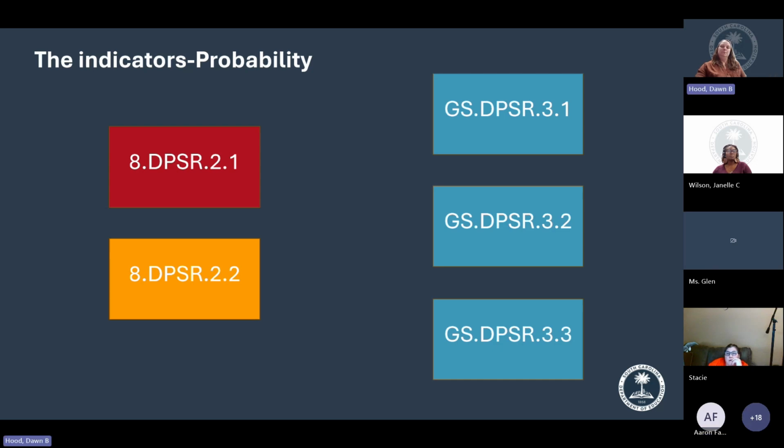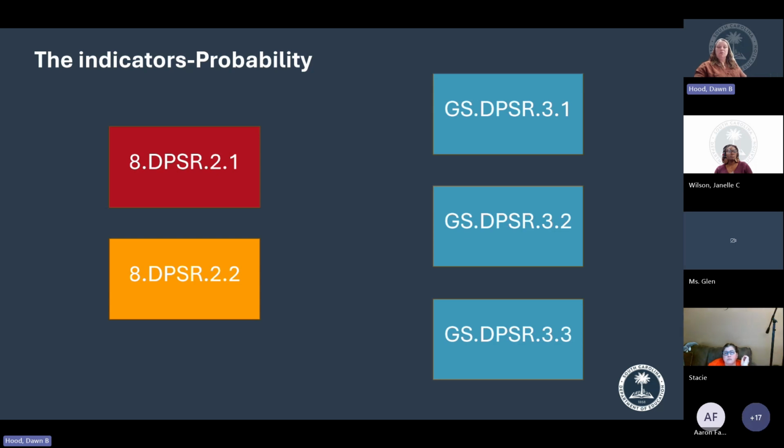This one a little tougher? All right, so let's see. My thoughts are we could pair up 8 DPSR 2.1 with 3.1. Okay, and those again were 2.1 is sample space. So we need to know the sample space when we're looking at our categories of events.